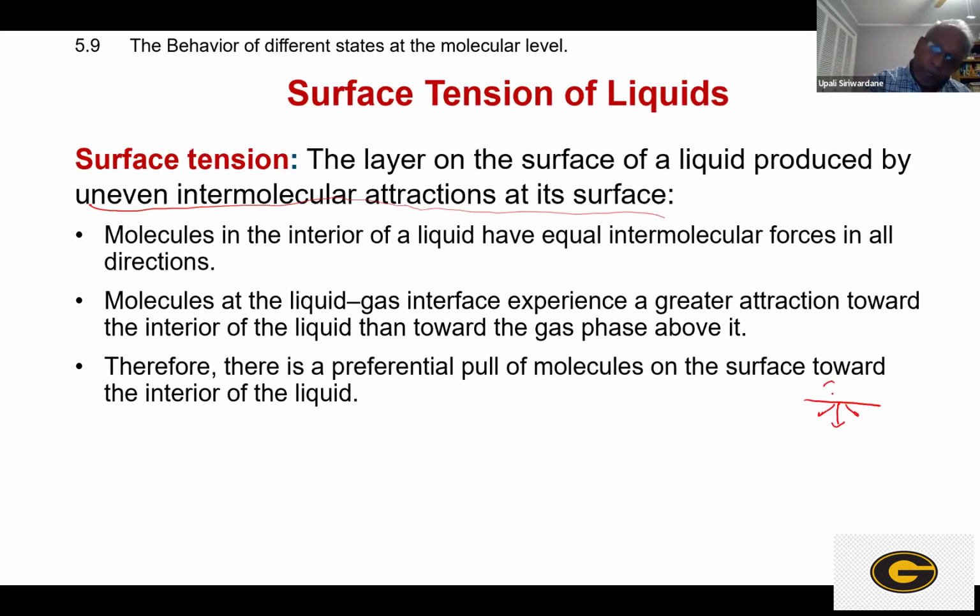But on the top of the surface, right here, there's an imbalance. There's a preferential pull, therefore, there's a preferential pull towards it. Therefore, the surface kind of has a force.